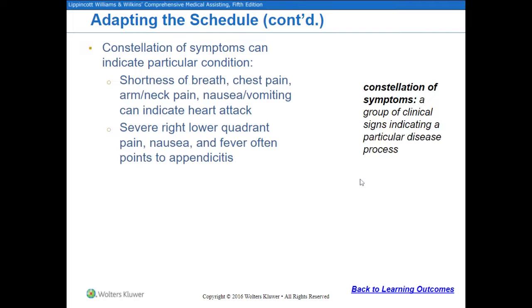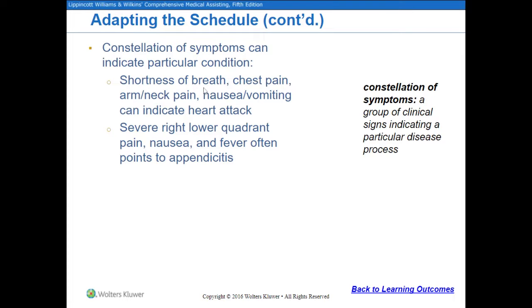So constellation of symptoms. That means that the patient has a group of symptoms that's indicating something serious. For example, heart attack. If a person has shortness of breath, chest pain, arm and neck pain, nausea and vomiting, that can indicate a heart attack. Now, shortness of breath by itself or nausea and vomiting by itself, that's not necessarily a heart attack.